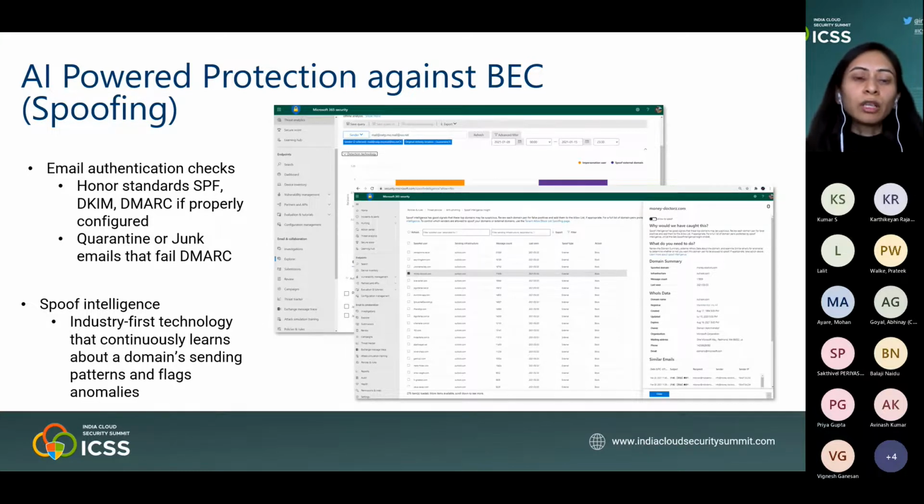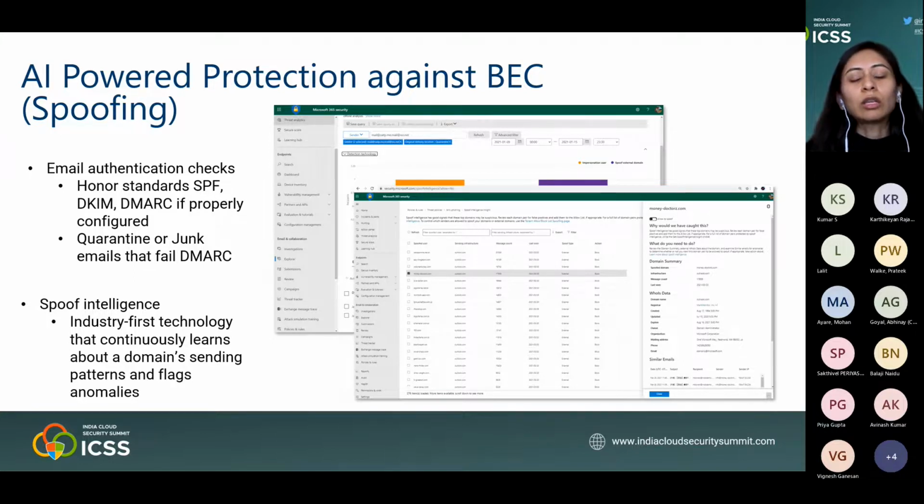Now, spoofing is also something that can be used for legitimate reasons. So in case, let's say a message pair is blocked by the spoof intelligence system, and as a SecOps or as a tenant, you feel like this is a spoofed user or a sending infrastructure that we want to allow to spoof, then by all means you can always convert the pair from block to allow, and then going forward those will not be detected as blocked by the spoof intelligence system.